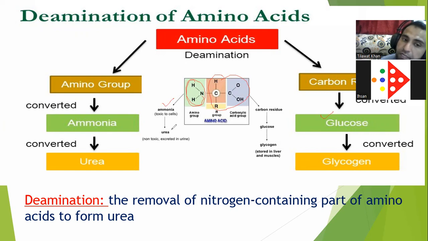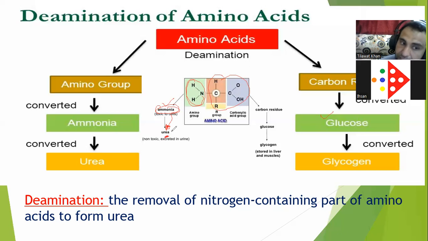Ammonia will convert into urea. Why? Because ammonia is more toxic; if it remains in your body, it will damage cells. So it will convert into a less toxic form, which is called what? Urea. And that urea will go out in the form of urine by the process of excretion.